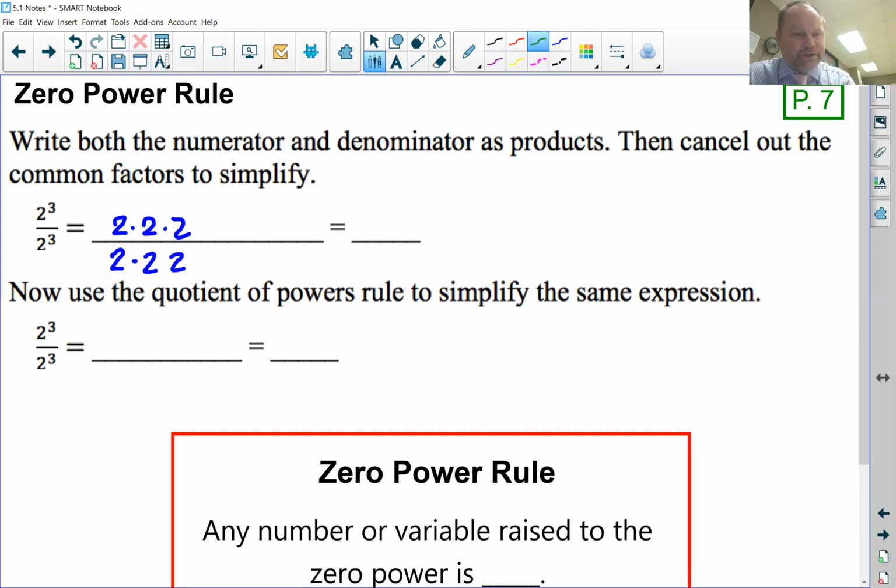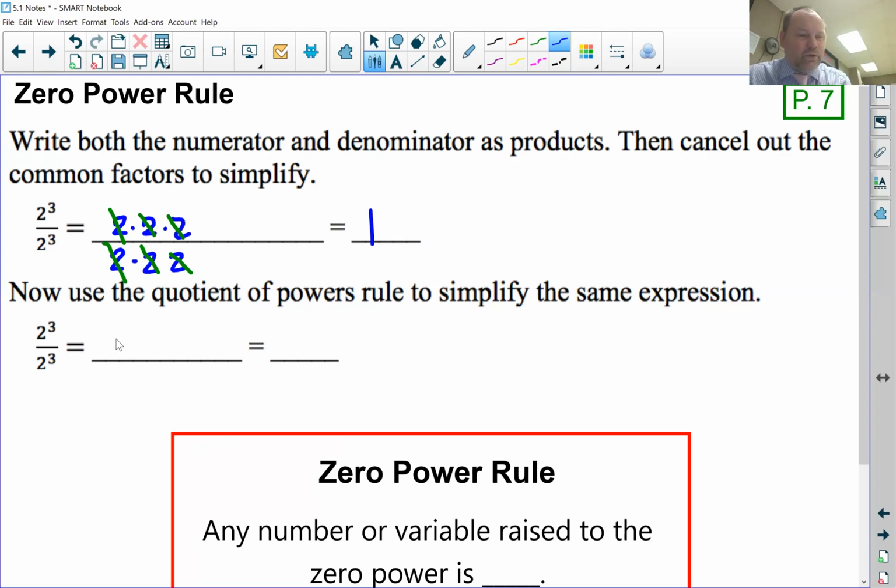Every 2 that appears in the numerator cancels with one that appears in the denominator. And when you cancel everything out, your answer is 1. Right? Because 2 to the third power is 8, and 8 divided by 8 is 1.